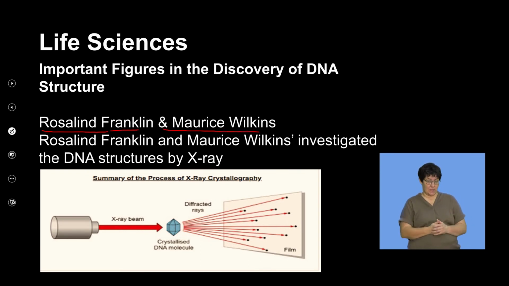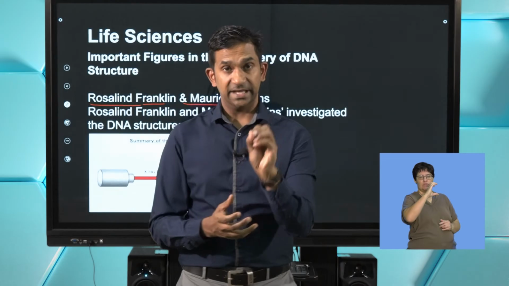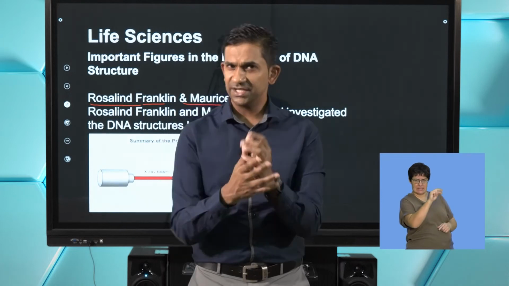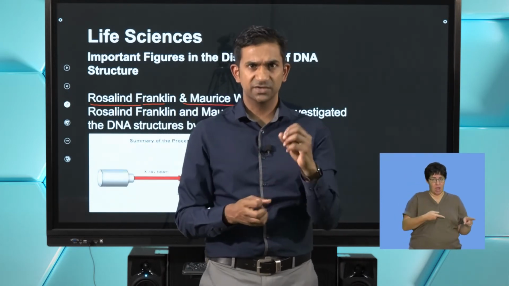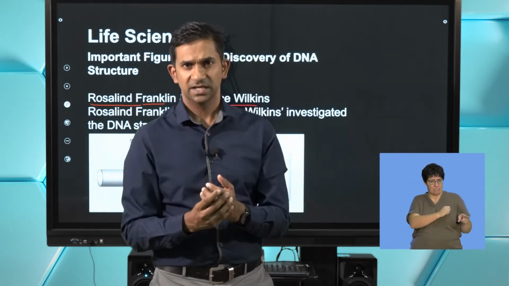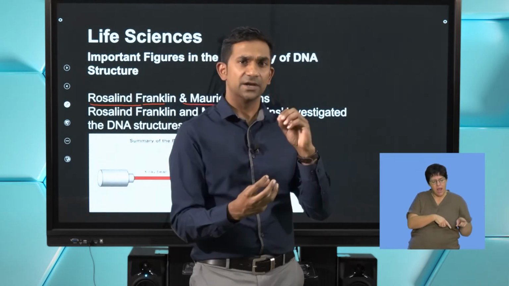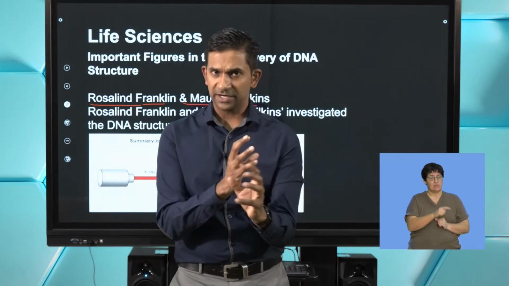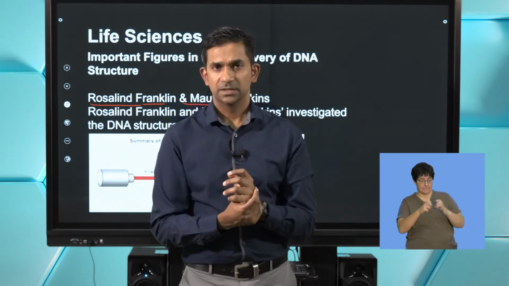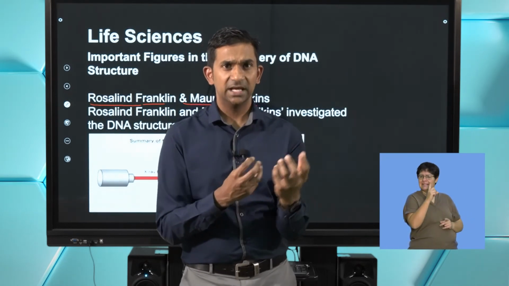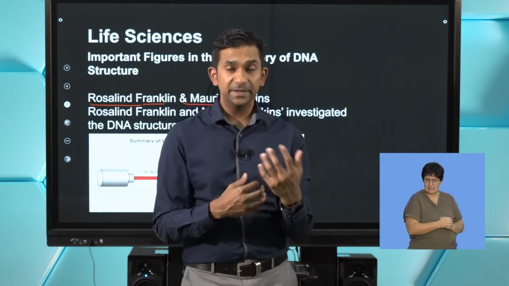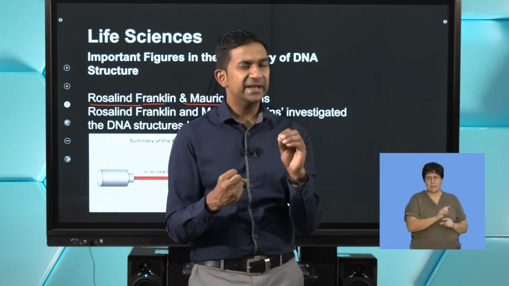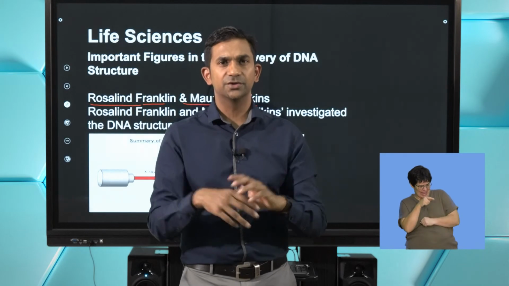So Franklin was working on crystallizing DNA and X-raying this DNA. She had perfected the technique of being able to crystallize DNA and X-ray these. And so she was X-raying these and photographing the structure of DNA on photographs that she was collecting. She had the understanding of what DNA was composed of, the chemical components, but there was very little understanding of what the structural molecule of this was.